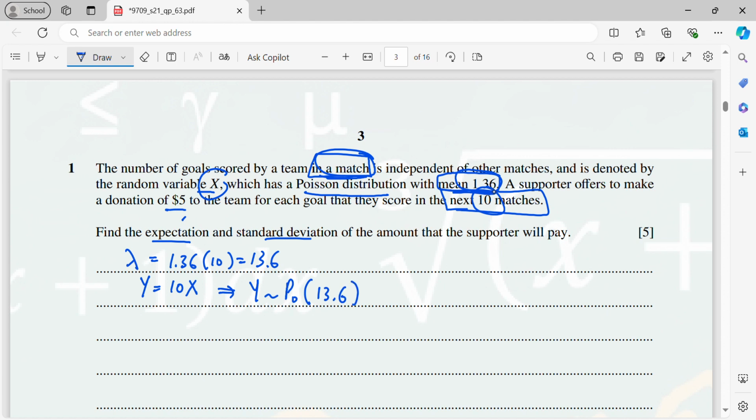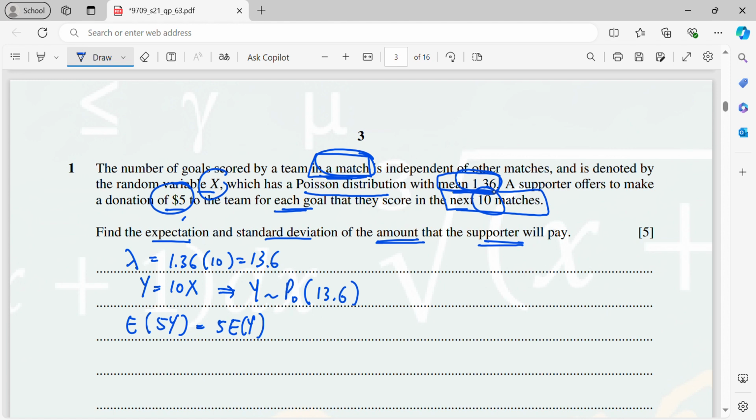Now you need to calculate the expected amount that the supporter will pay. So $5 for each goal. That means now here E(5Y). So this is going to be 5E(Y) because of $5 per goal in 10 matches.